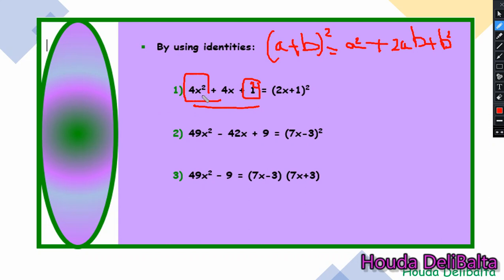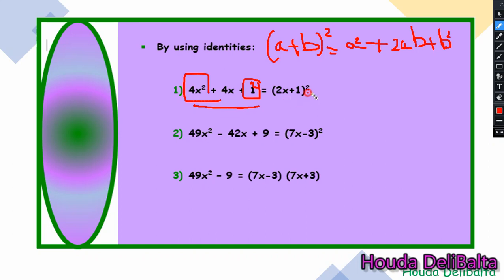So what's the radical of 4x squared? It is 2x. What's the radical of 1 squared? It is 1. And in the middle we put the same sign. Now what about this 4x in the middle? This is to make sure if this identity is true or not, if it works or not.